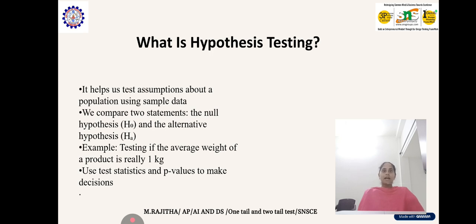To test hypothesis, we use sample statistics, calculate test statistics like z-score or t-values, and compare them with critical values. We also calculate the p-value to determine the strength of our result. Hypothesis testing helps in quality control, scientific research, business decisions, and more.